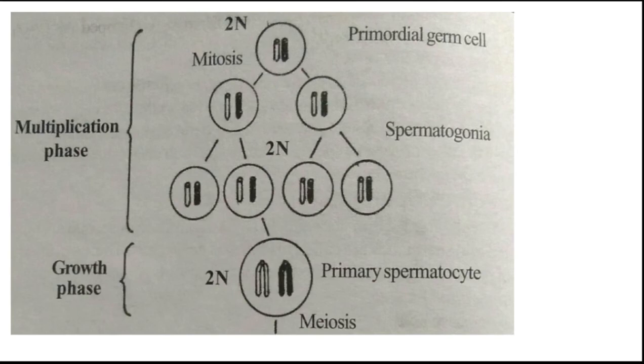So in the growth phase the spermatogonium grows, its volume increases, and we call it a primary spermatocyte, which is also diploid.